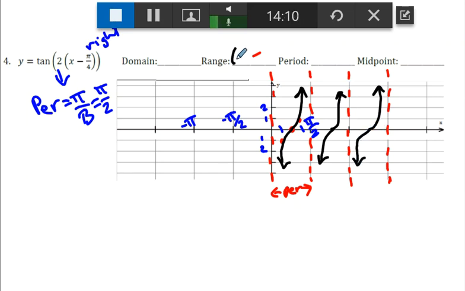Okay, so our range has not been changing, negative infinity to infinity, and we calculated our period to be pi over 2. And I see my midpoint here is at pi over 4, 0. But the big mystery is the domain. So if you haven't done the domain yet, take a minute to think about it. Compare with a neighbor. And if you can help us figure this out as a team, then I'll ask you to volunteer in just a minute.